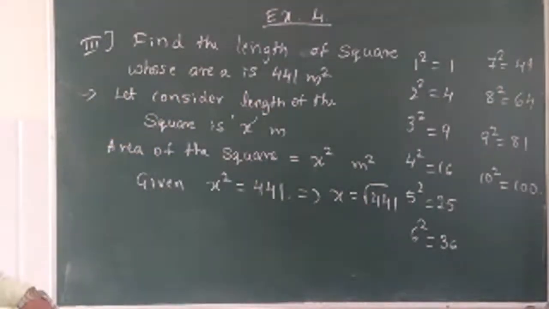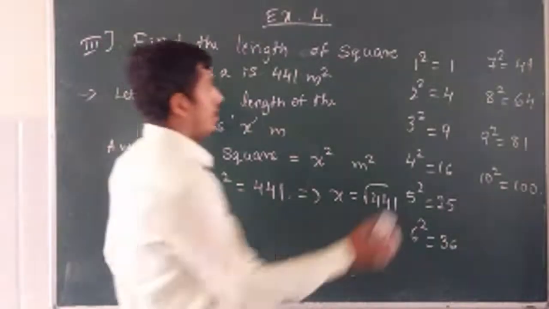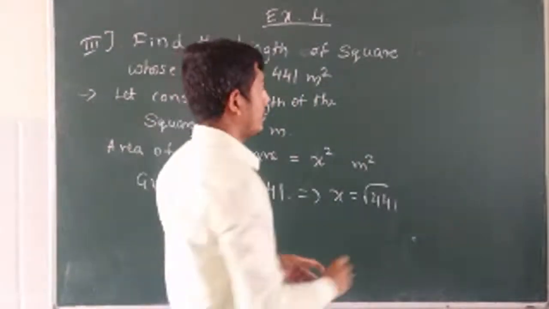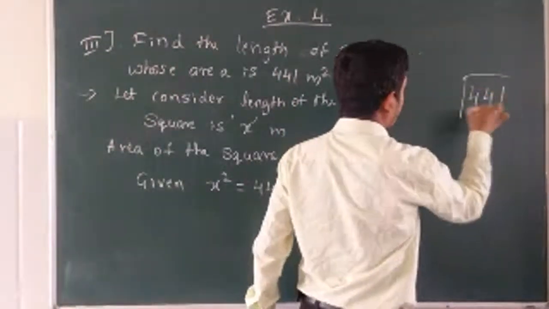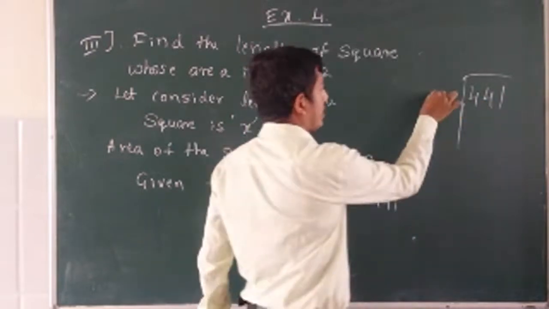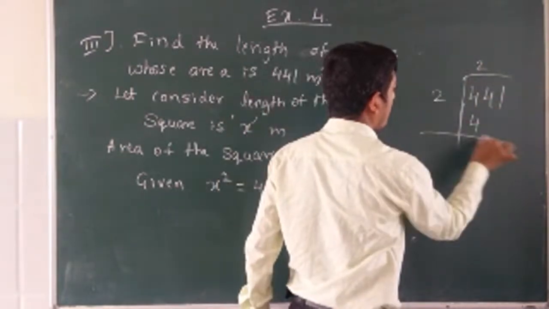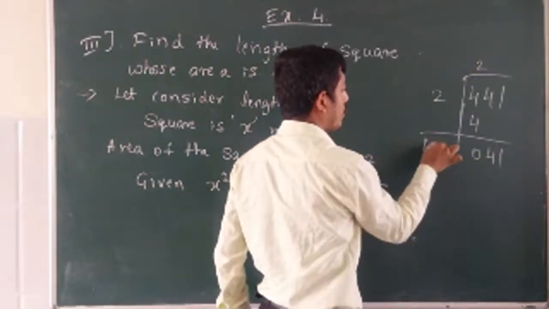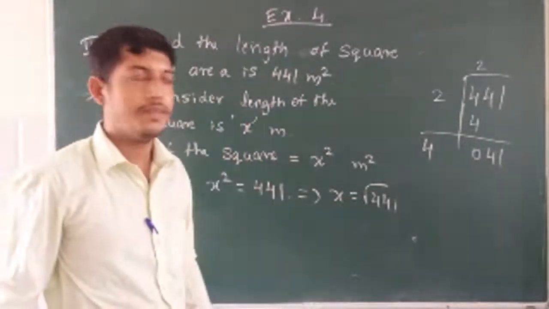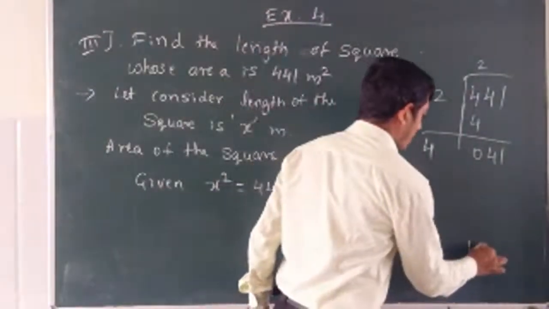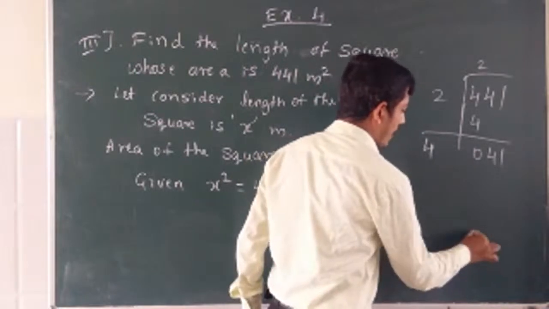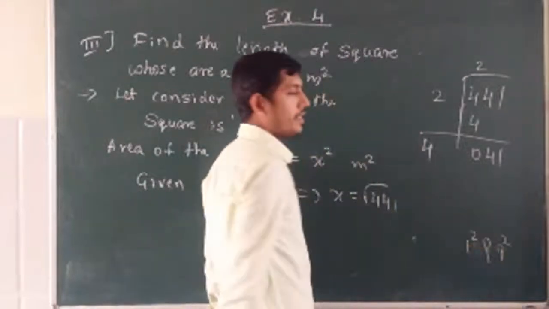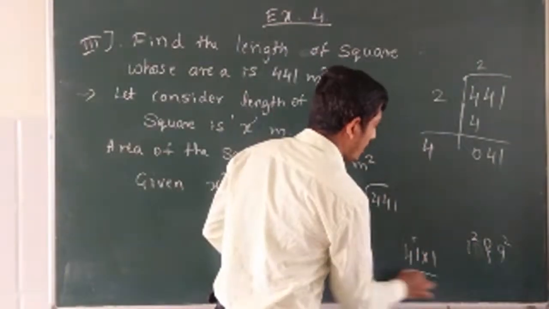Now we have to find the square root value. So I have got this. First, 2 2s are 4, 4 minus 4, 0, then 41, 4 plus 4, 2 plus 2, it is 4, last digit is 1, 1 1 is 1, another is 1 square is 1, then 9 square becomes 81, so I will consider the first term, 41 into 1, it gives 41.